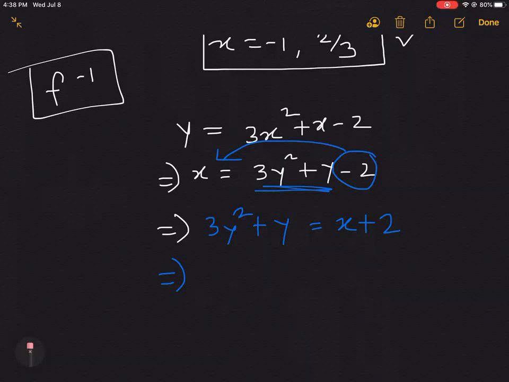Anyone? Any guesses? Anything you can imagine here?